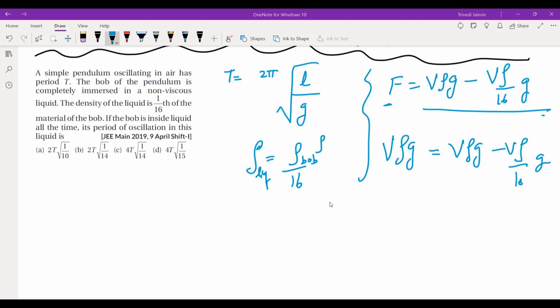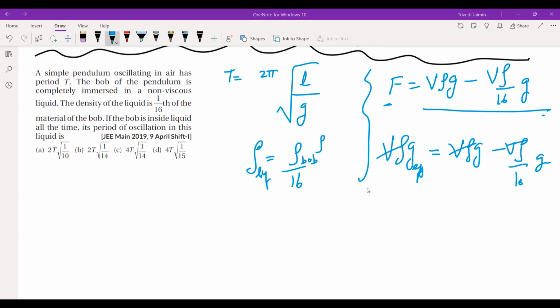This is the effective gravitational pull, so we can cancel this. Effective means the value which is affecting the gravitational acceleration of the bob, that is g.